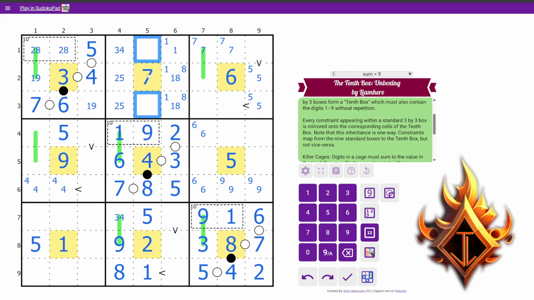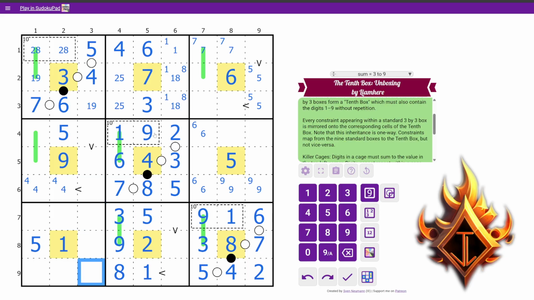This only has 2 digits left in the column, which is 3 and 6. 6 is already at the bottom in box 1, so that'll do that way. That'll give the 4 here and the 3 there. 3 is now on the bottom over here.